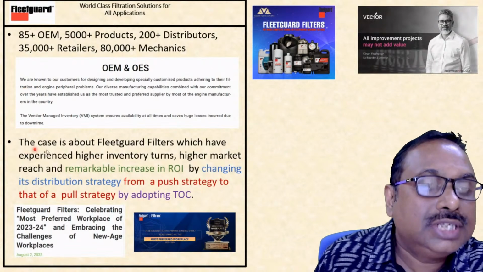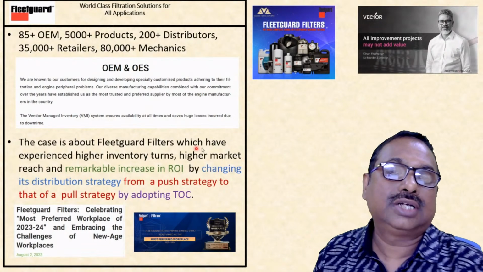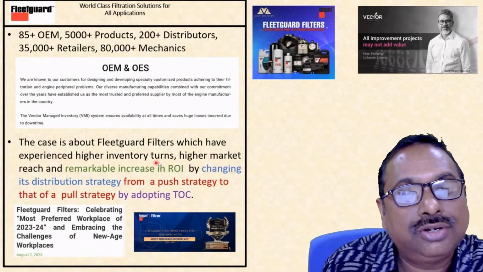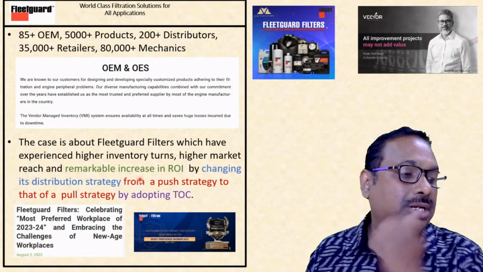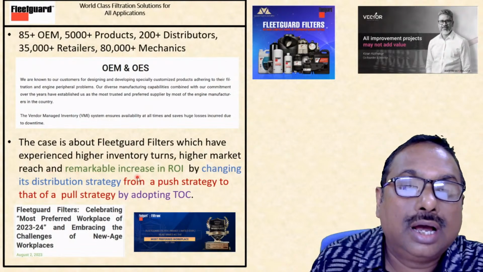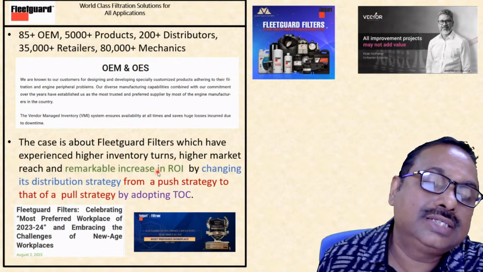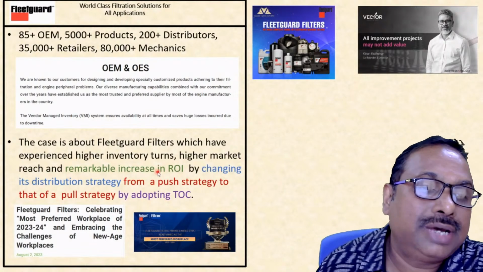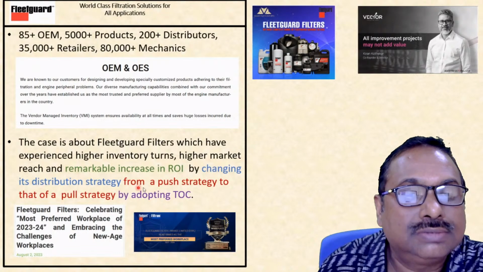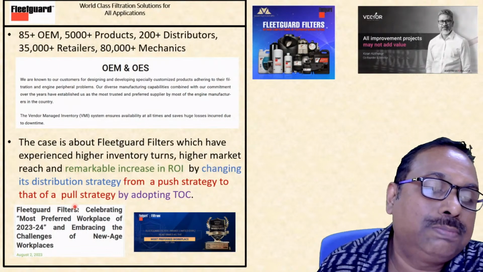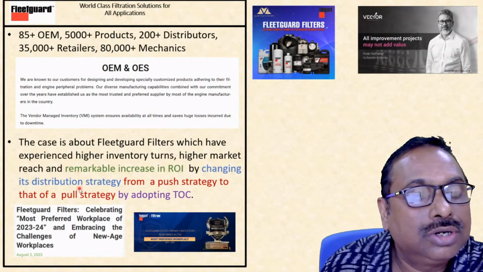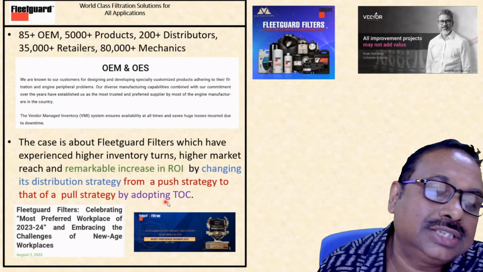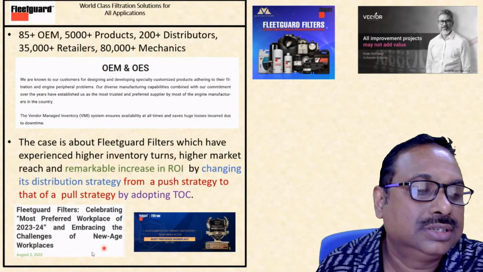This case is about Fleetguard Filters, which experienced higher inventory turns, higher market reach, and a remarkable increase in return on investment by changing its distribution strategy from a push strategy to a pull strategy by adopting theory of constraints. Here we will come to know push strategy, pull strategy, and theory of constraints.